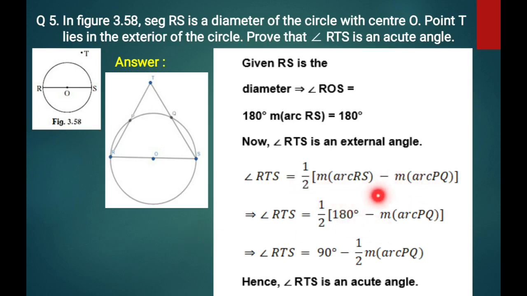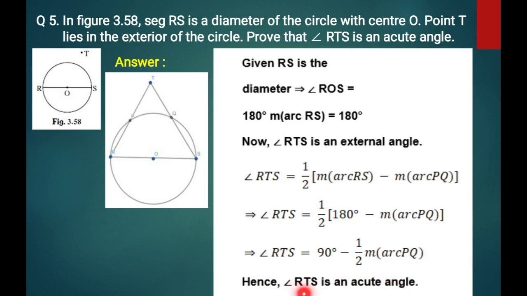The measure of arc RS is 180 degrees. Substituting the value of arc RS as 180 and multiplying by 1/2 into the bracket, we get 90 minus 1/2 the measure of arc PQ.